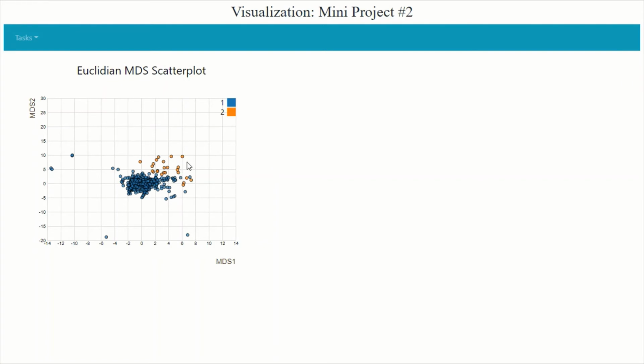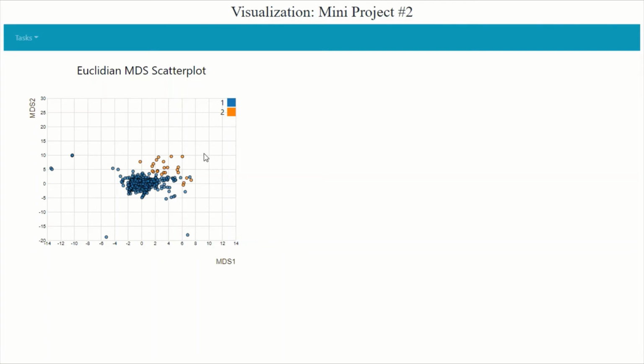MDS is a better version of PCA, as it considers the distance between the data points in n dimensions, and then tries to keep that distance as it is and plot it into a lower dimension, which is in this case 2 dimensions. But the weakness of MDS is that it's a bit slow algorithm, as it needs quite a lot of time to calculate the dissimilarity matrix.